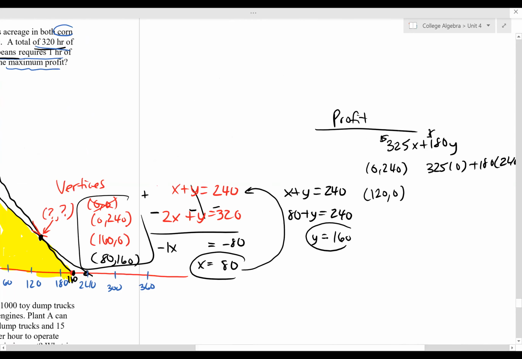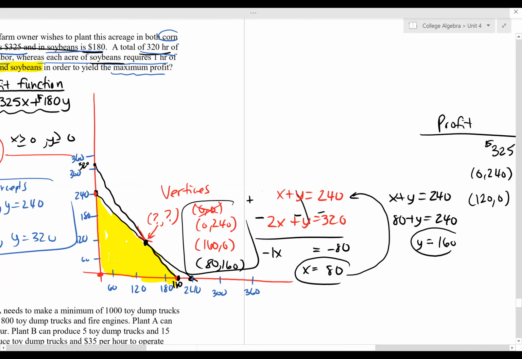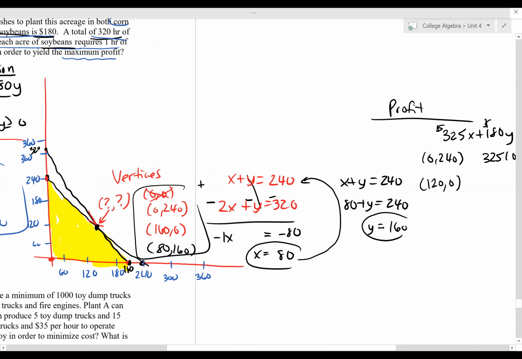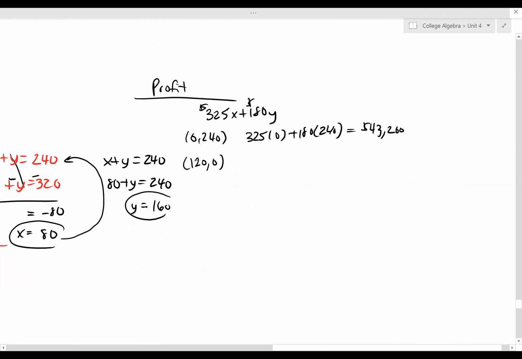And then our other ordered pair was 120, 0. Is that right? No, 160, 0. Make sure. Yeah, that should be 160, 0. So that would be 325 times 160 plus 180 times 0. So 325 times 160 is 52,000 for the profit.